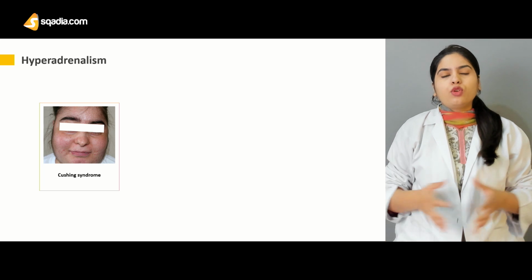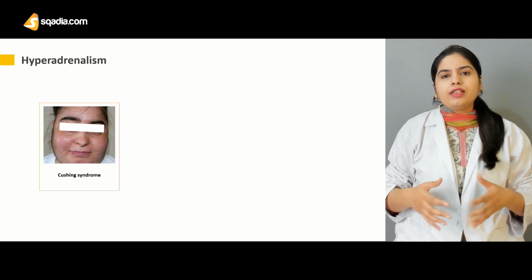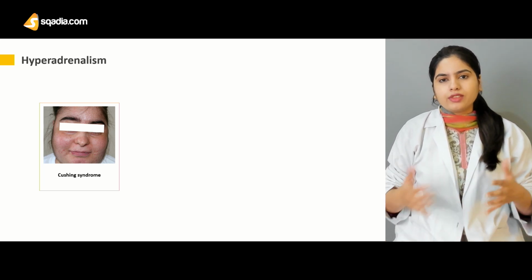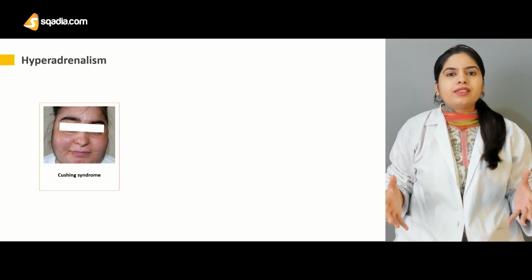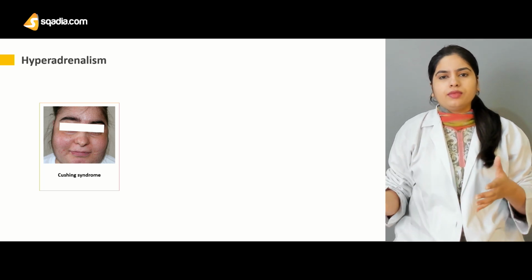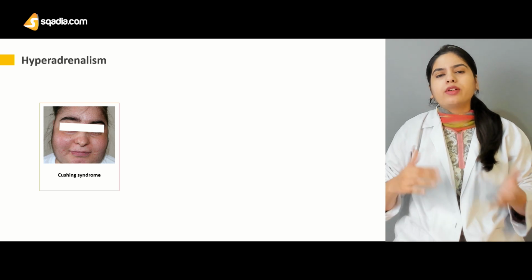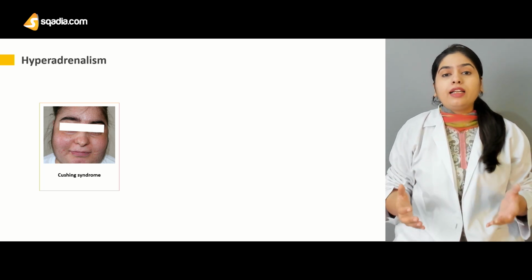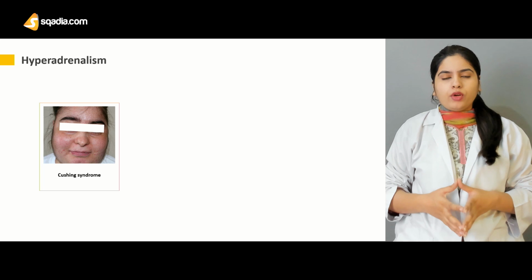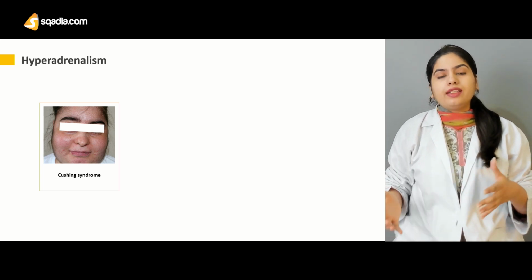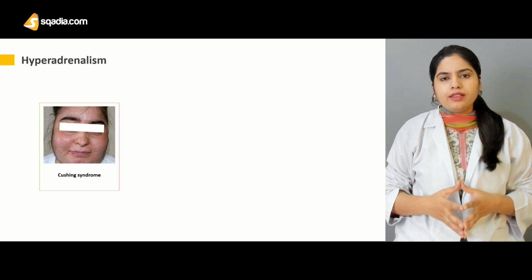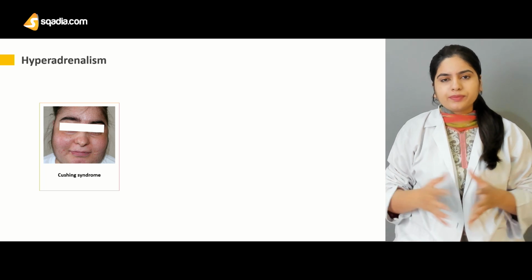Now, Cushing syndrome is also known as hypercortisolism. As the name indicates, this Cushing syndrome or hypercortisolism is due to a high level of cortisol in the body. And this cortisol is the major glucocorticoid among all others.